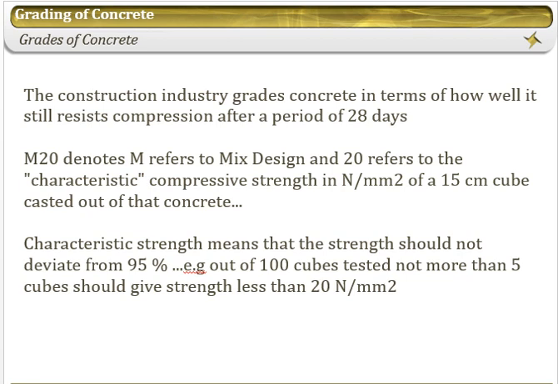For example, if we have 100 cubes tested after 28 days, not more than 5 cubes should give strength less than 20 Newton per mm square. That's the way to find the characteristic strength of any concrete grade.